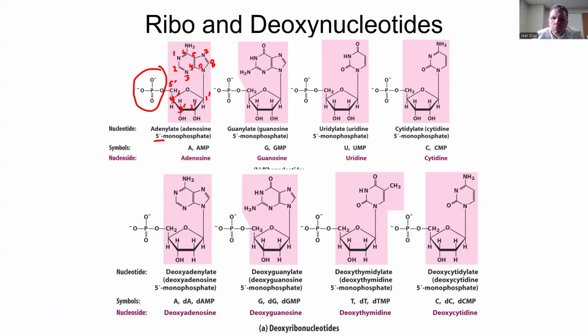Okay. So now I'm going to ask you guys this question. I'm going to circle an atom. I'm going to say it's a carbon, but in the chat, go ahead and add which number it is and make sure that you're accurate with your number. That one right there. What number is that? You got 3 prime.